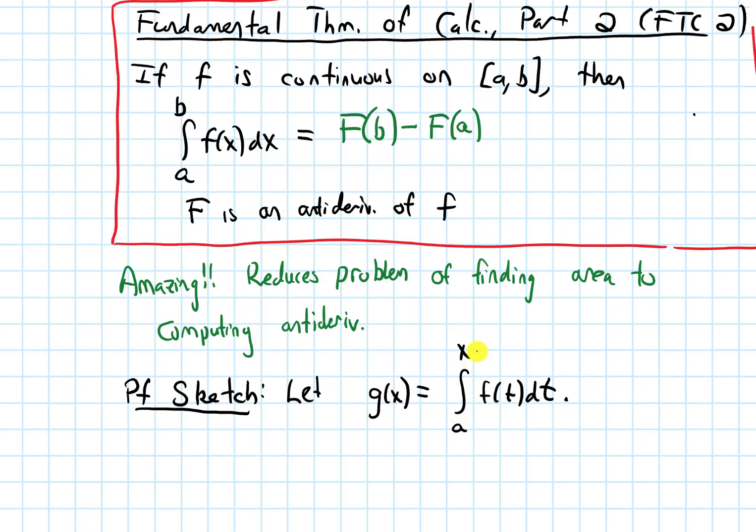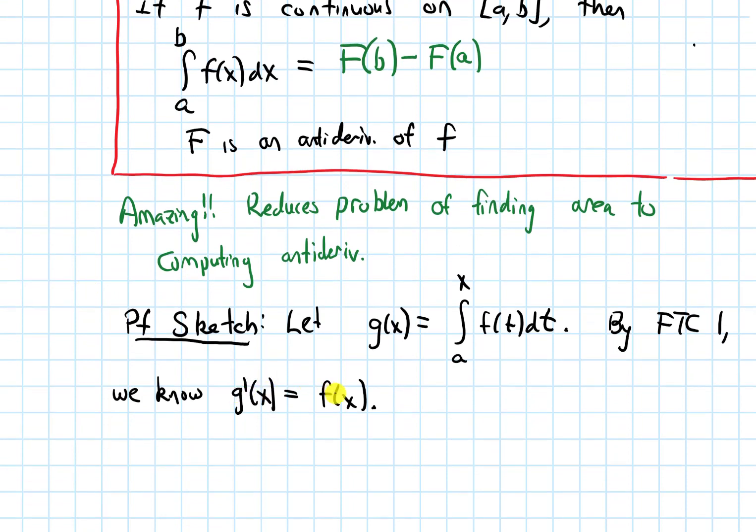So now, looking at this reminds me of FTC Part 1, so let's use that. By FTC Part 1, we know that the derivative of g of x, of this area function, ends up being the function inside, but we just replace the t with the variable up here, that x. So that's going to be f of x. So the derivative of g is f of x.